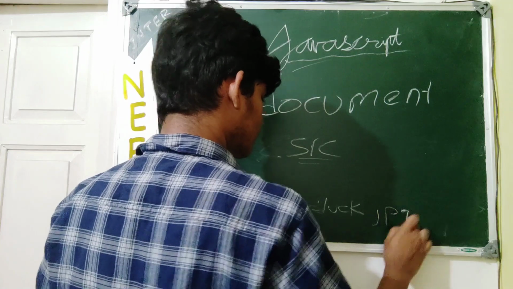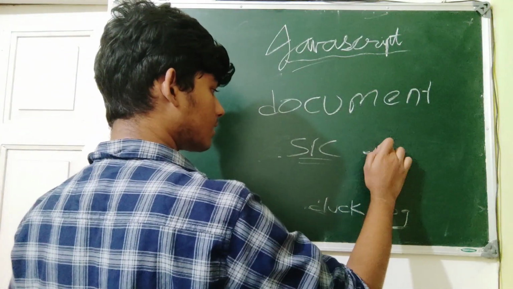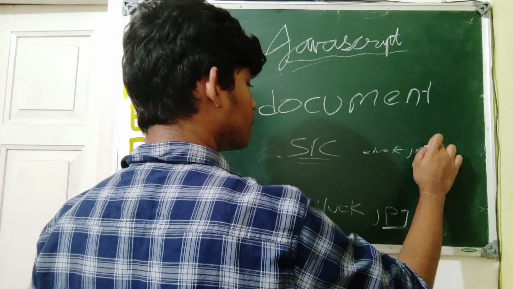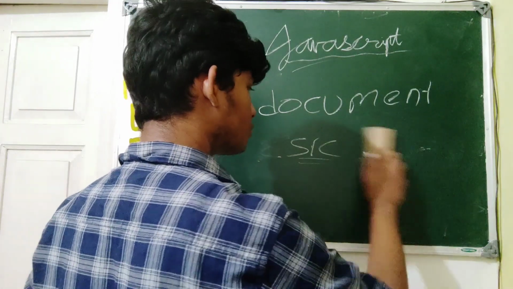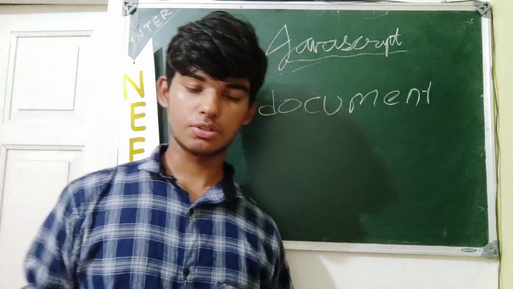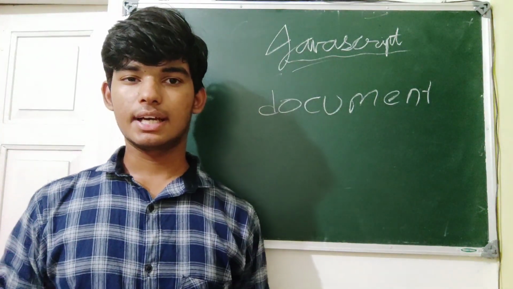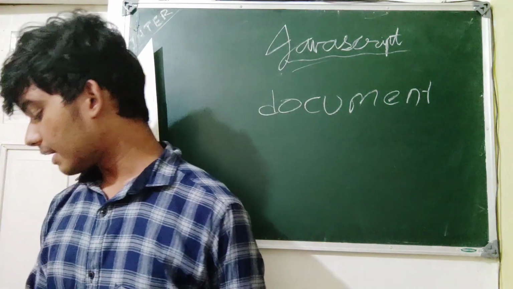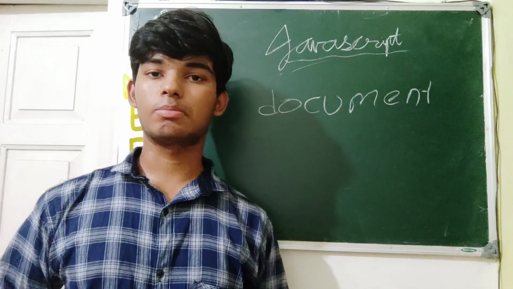By writing source equals duck.jpg, it tells the computer that this is the source of the image. And we also have a lot more stuff. We have style, which changes the color or the font, and more things like that. But for this episode, that's probably it.